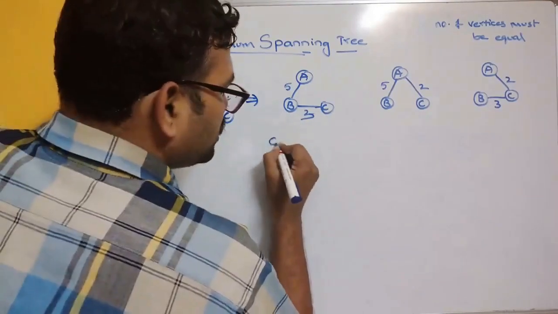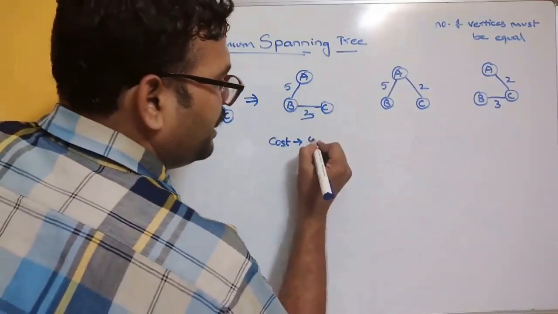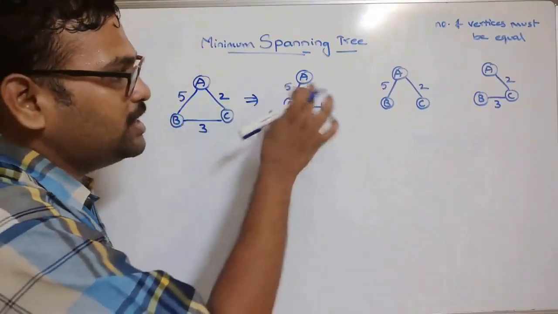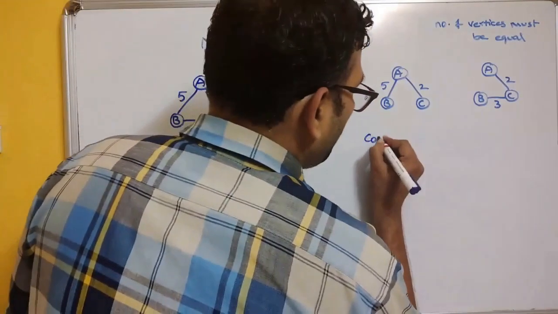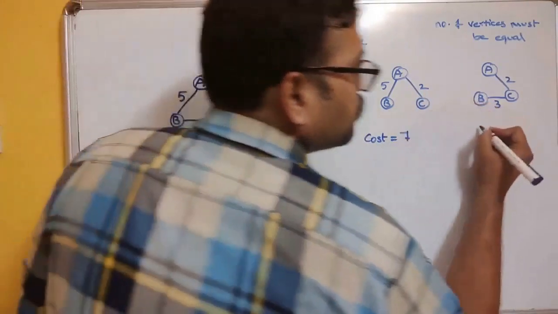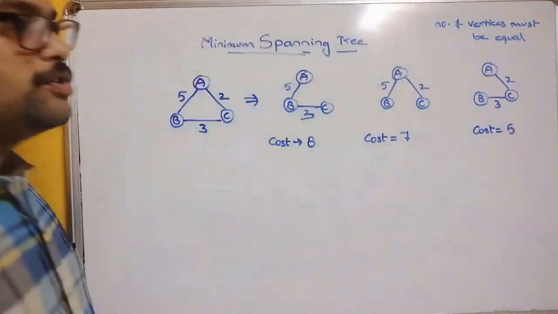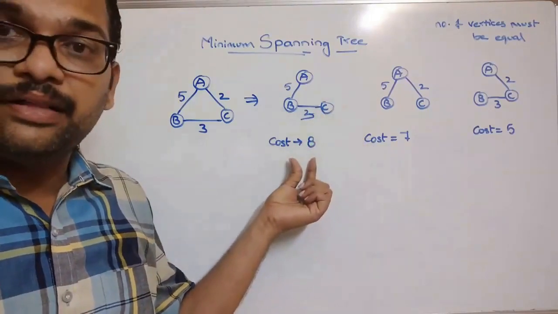Now the cost for this spanning tree is 5 plus 3, which is 8, because there are 2 edges with weights 5 and 3. The cost for this one is 5 plus 2, which is 7, and the cost for this one is 3 plus 2, which is 5. So for every spanning tree we are finding the cost.